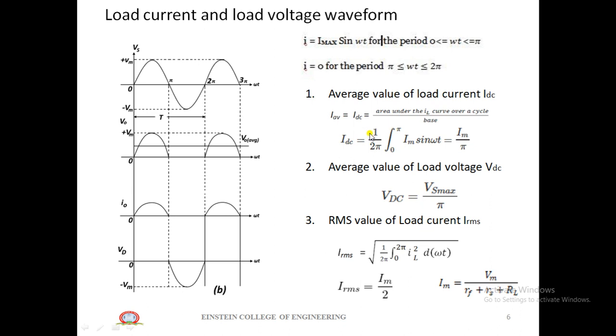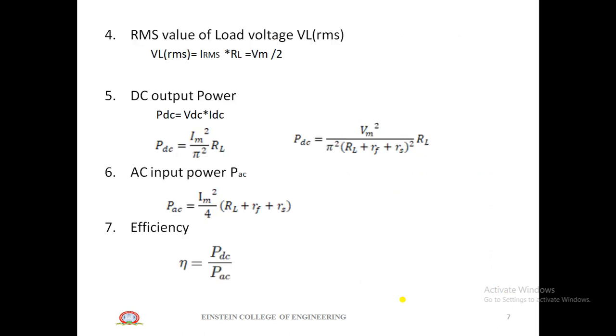So the equation will be the same, 1 by 2 pi integral 0 to 2 pi, the difference being IL square. Substitute this equation and integrate the term, then we get IRMS is equal to Im by 2. Okay, IRMS is equal to Im by 2.